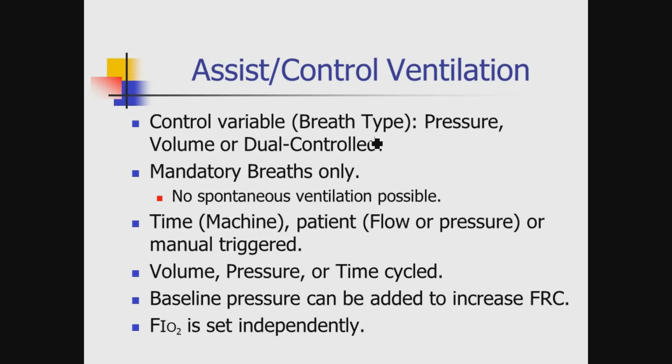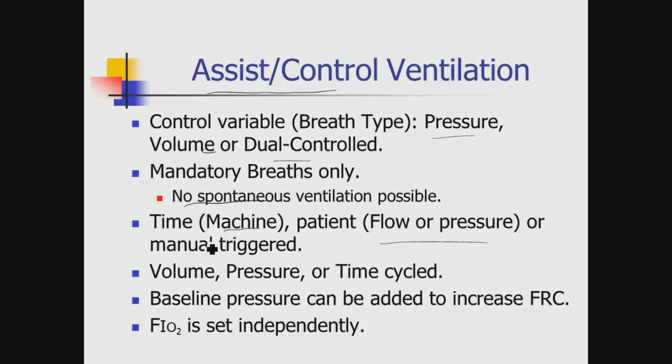Okay, so again, looking at how this assist control is set up, there is a control variable, pressure-based, volume-based, or dual-based. No spontaneous ventilation. It's turned on by the machine or it's turned on by the patient.